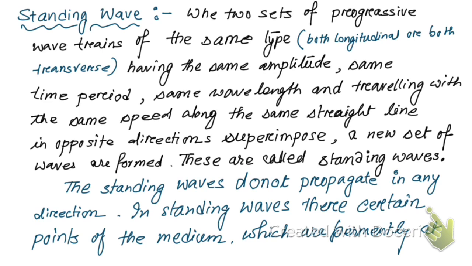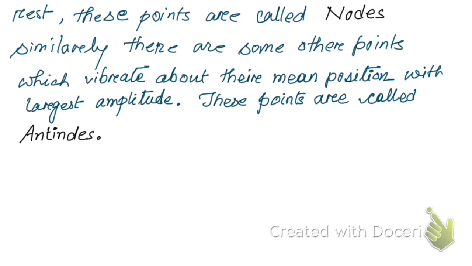At those points the particles of the medium do not displace and are permanently at rest. These points are called nodes. Similarly, there are some other points which vibrate about their mean position with the largest amplitude. These points are called antinodes.